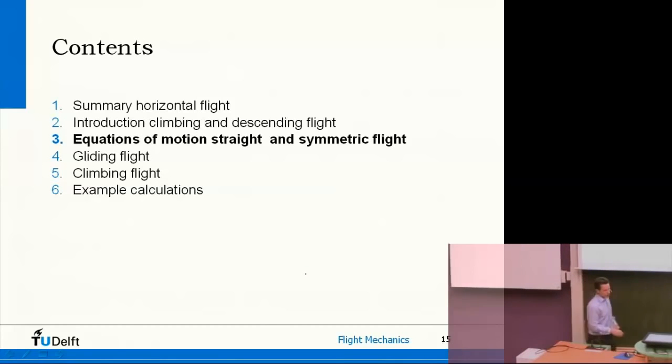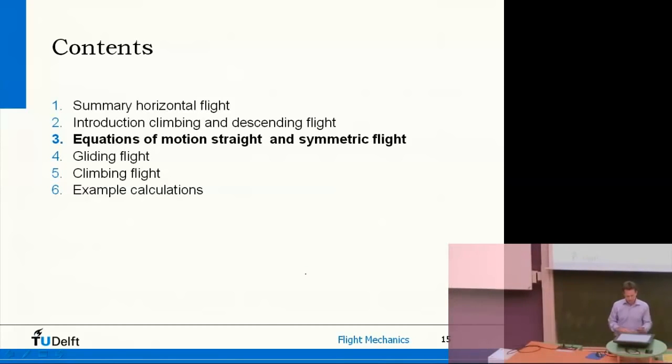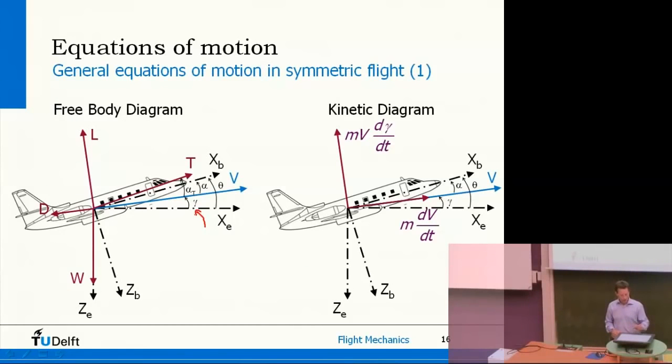Just to refresh your memory: flight path angle, angle of the airspeed with the horizon; angle of attack, which is the angle between the aircraft and the oncoming flow; lift, by definition perpendicular to airspeed; drag, by definition parallel to the airspeed; weight is pointing down; and the thrust vector is somehow connected to the plane.